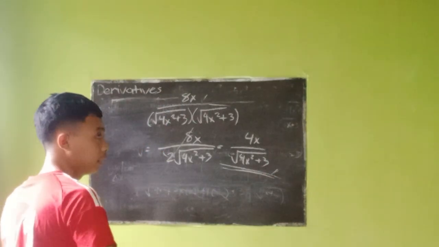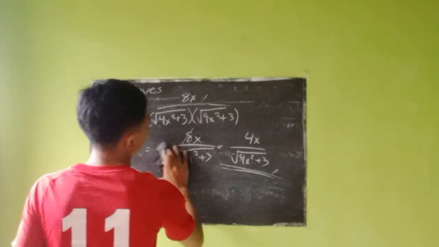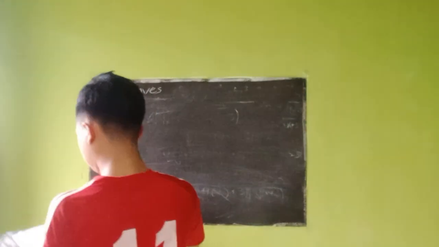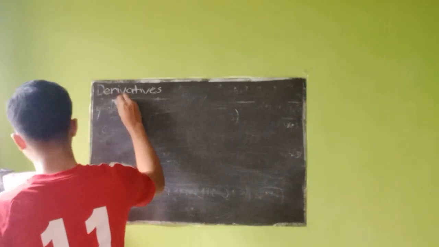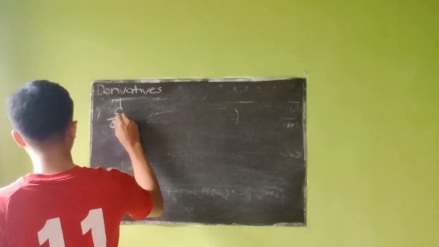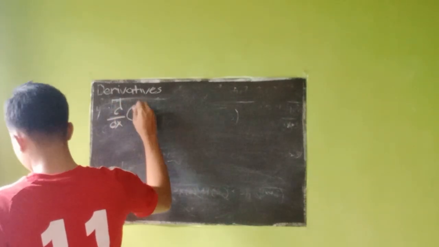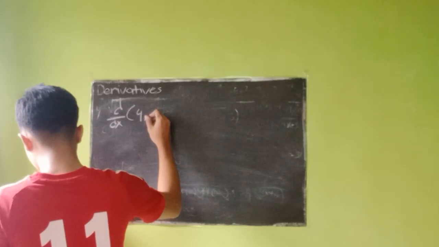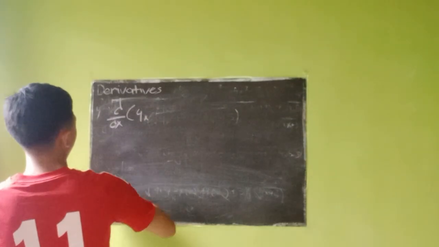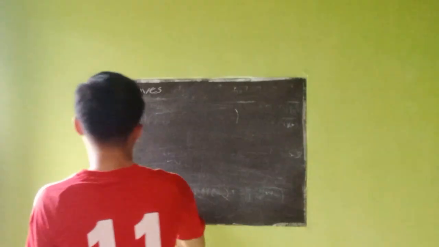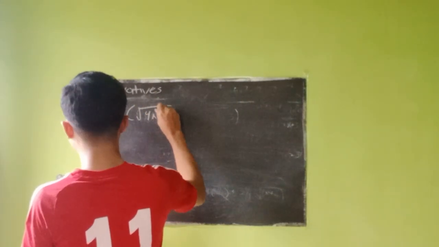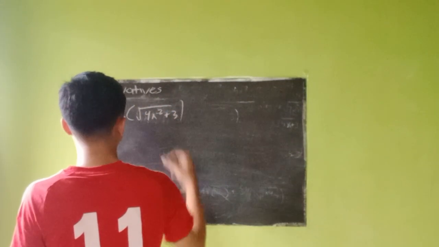Now let's do the checking to see if it is right. We have the derivative of 4x, derivative of 4x squared plus 3.